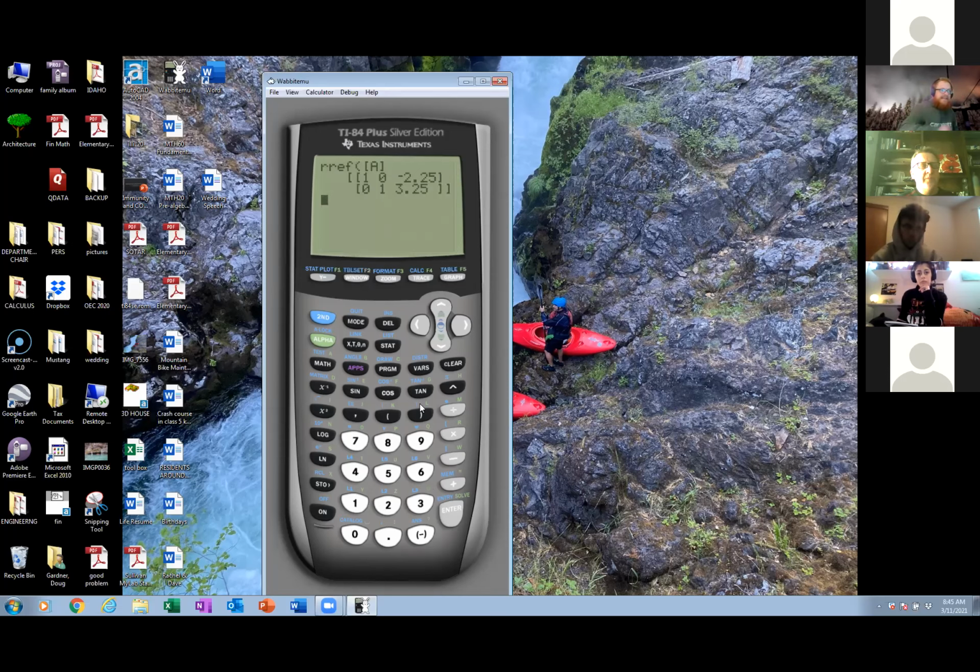Notice if you reread this, the first column is A, the second column is B, and the third column is the numbers. So this first equation now reads 1A plus no B equals negative 2.25. Oh, A is negative 2.25, and B is 3.25. So that's what reduced row echelon form accomplishes.